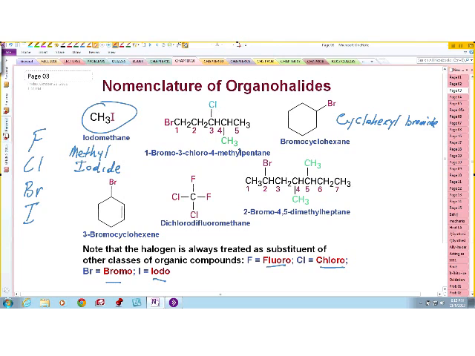Since we have already treated most of the nomenclature of these compounds, I want to go straight to the synthesis of the organohalides.